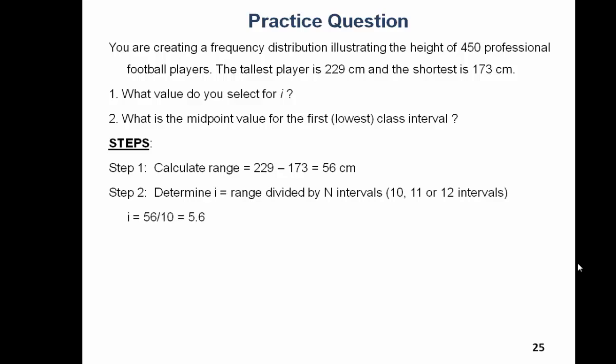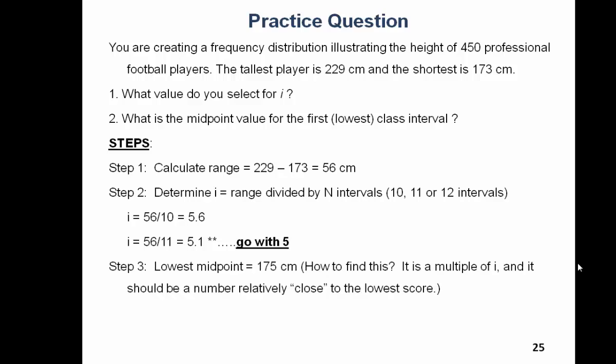We first start with 10, in which we come up with 5.6, and then we divide by 11, so there's a little bit of trial and error here. Since we divide 56 by 11 and we get 5.1, we're going to go with 5.